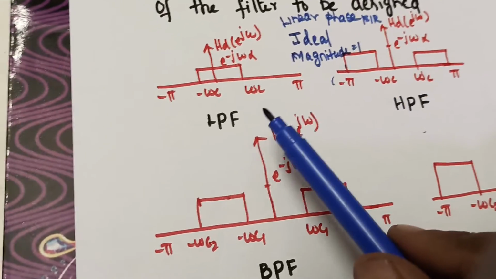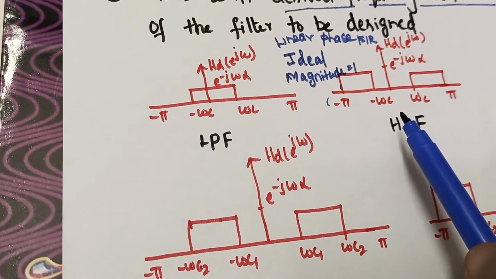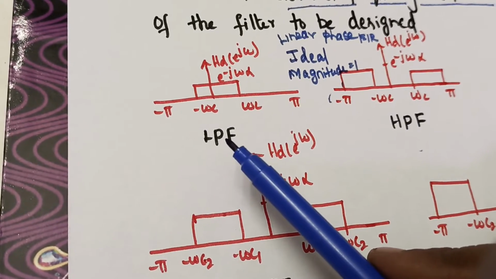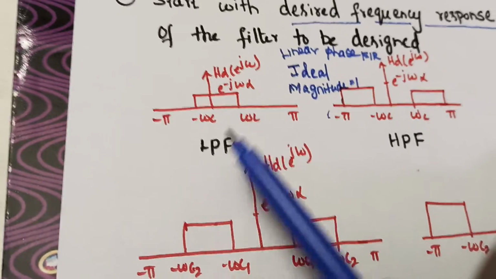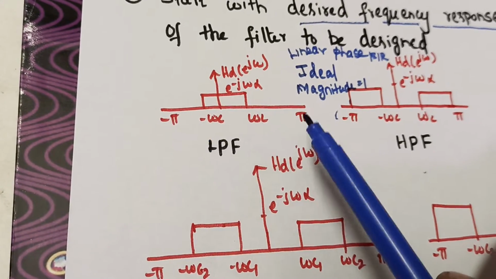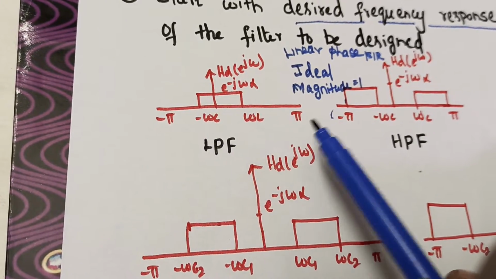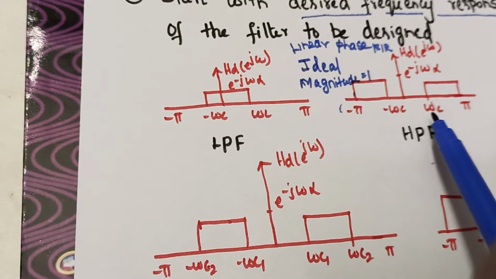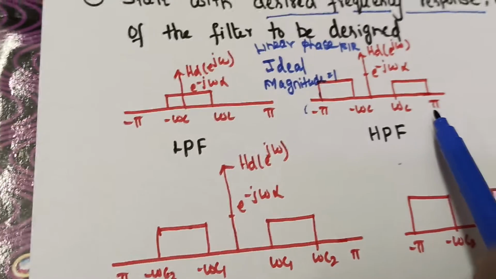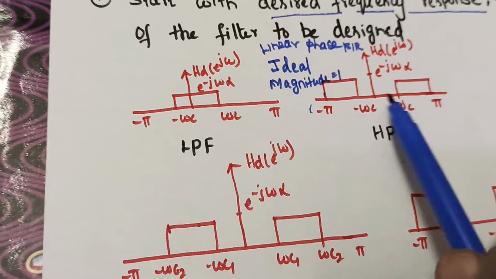You can very simply remember these two frequency responses. If you know the low pass filter's response, we are taking the same interval from minus pi, minus omega c and pi. Here again minus pi, minus omega c and pi. The same interval we are considering.